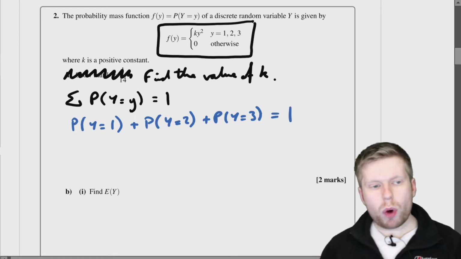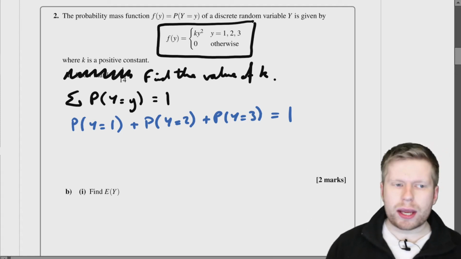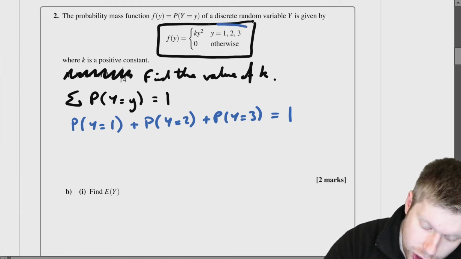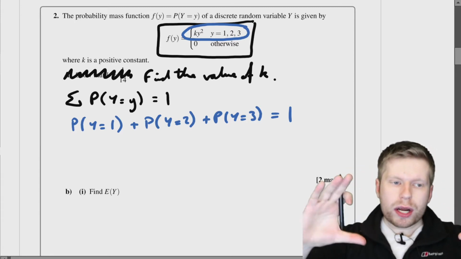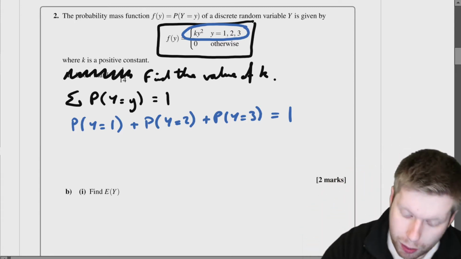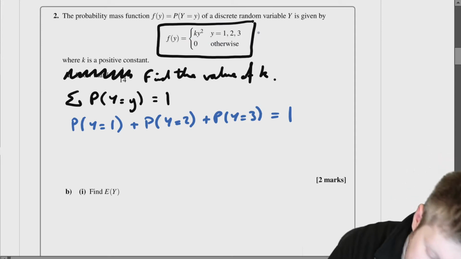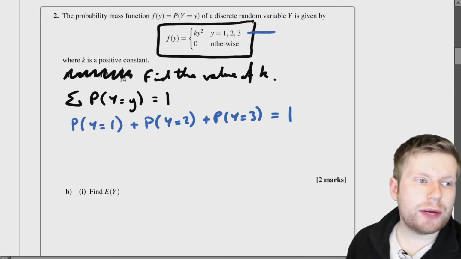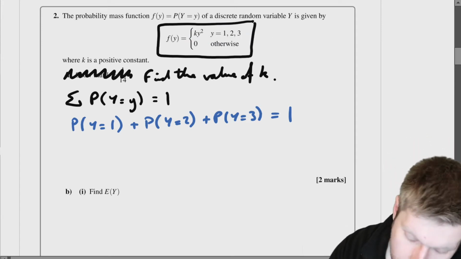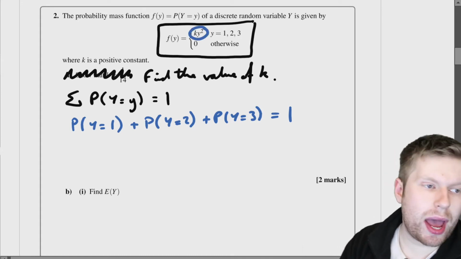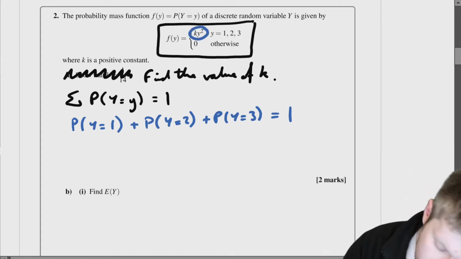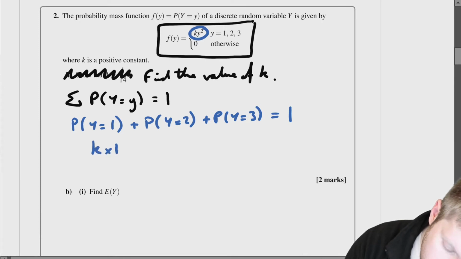Now I just need to work out, what is the probability that y equals 1? Well, surely I can just use this formula. That's literally what f of y tells us: the probability of getting some outcome. If I stick 1 in for y into my equation, I should use k times y squared. In this case my y is 1, so I get k times 1 squared.